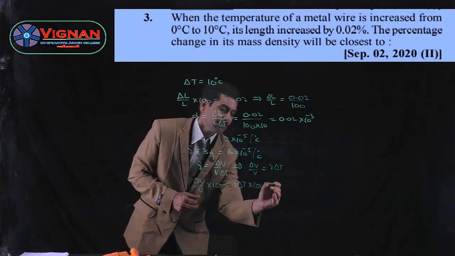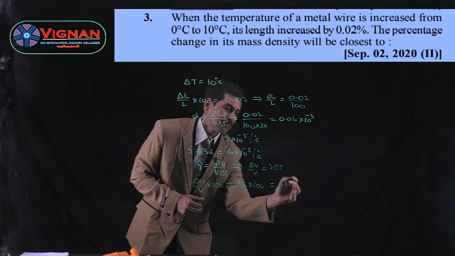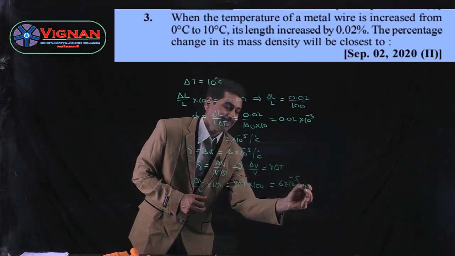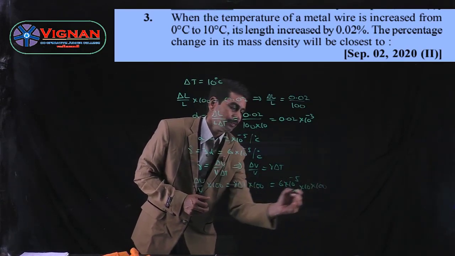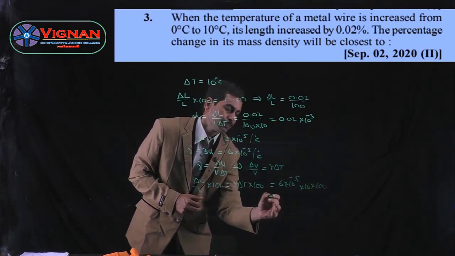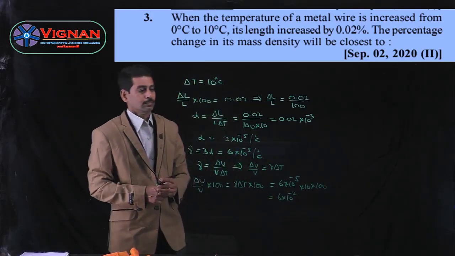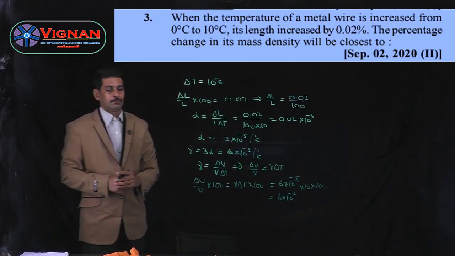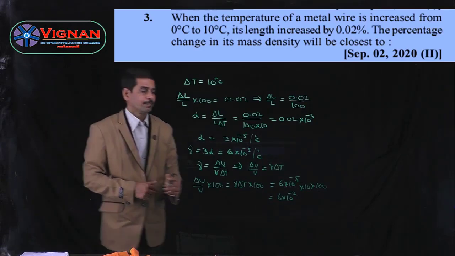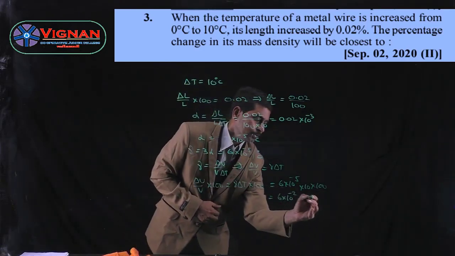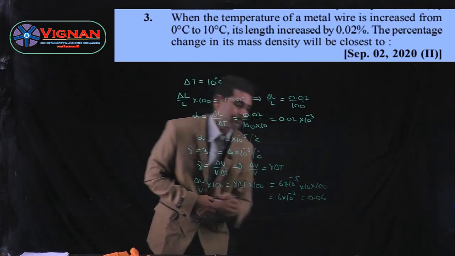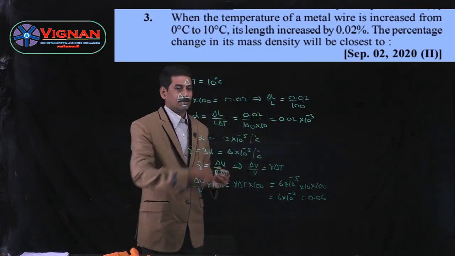So this is nothing but 6 into 10 power minus 5, and delta T is 10, into 100. This is equal to 6 into 10 power minus 2, that is equal to 0.06. So this is the percentage change in volume.